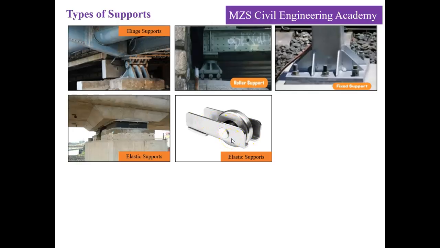Now there exist certain characters of the end conditions also, like the pin connection, semi-rigid connection, and rigid connection. Pin connection allows rotation and keeps the member intact. It doesn't allow the member to have separation. It allows the rotation.